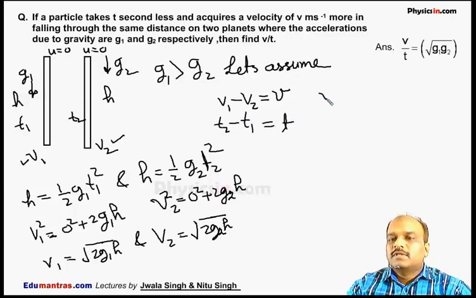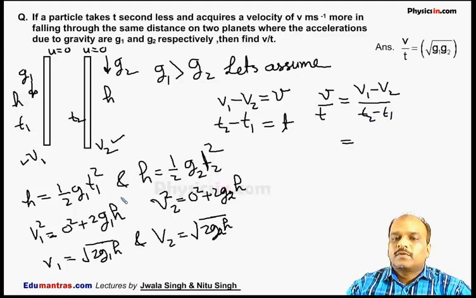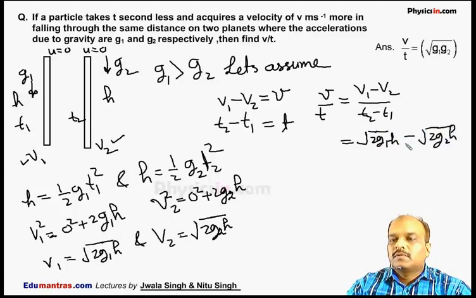Now we have to find the ratio of v by t. V by t means v1 minus v2 divided by t2 minus t1, which is equal to root over 2 g1 h minus root over 2 g2 h, divided by t2 minus t1.